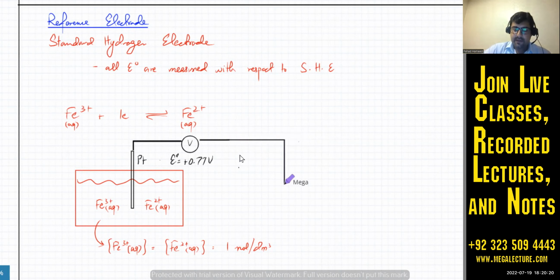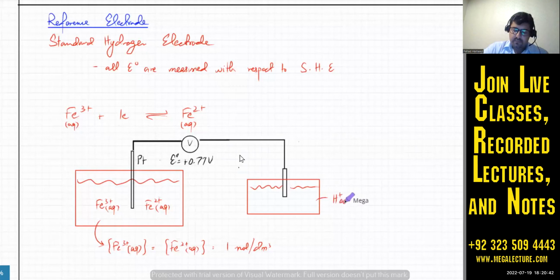it's going to have a platinum electrode. There's going to be H+ ions in the solution, and the concentration will be 1 mole per dm cubed.